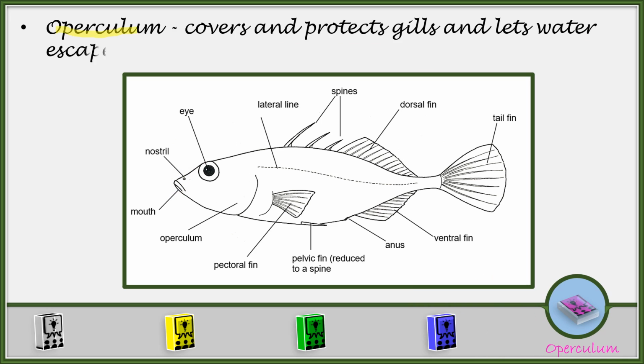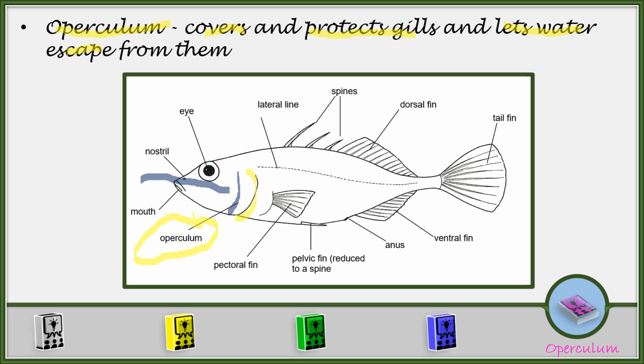We have the operculum. The operculum is this cover here. It's what we call the operculum. This one covers and protects the gills. It also lets water escape from the gills. So when water enters through the mouth, it will find the gills.